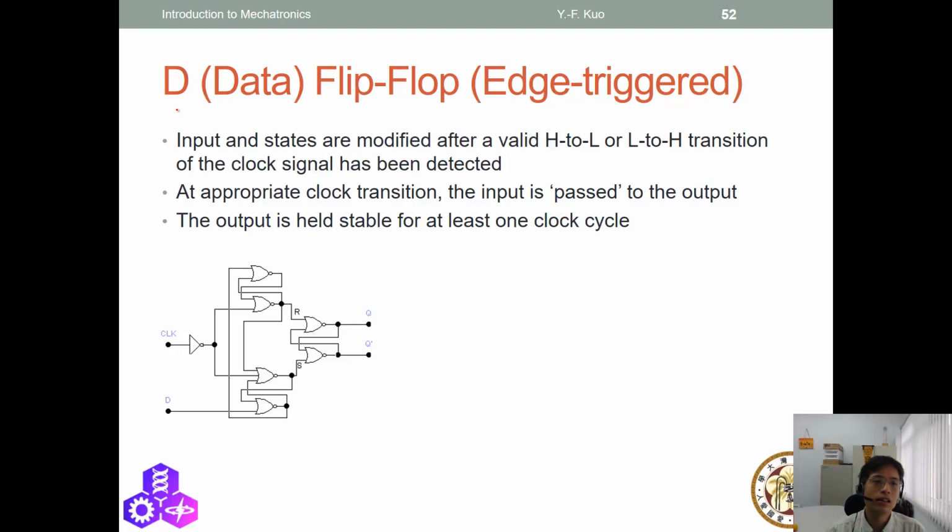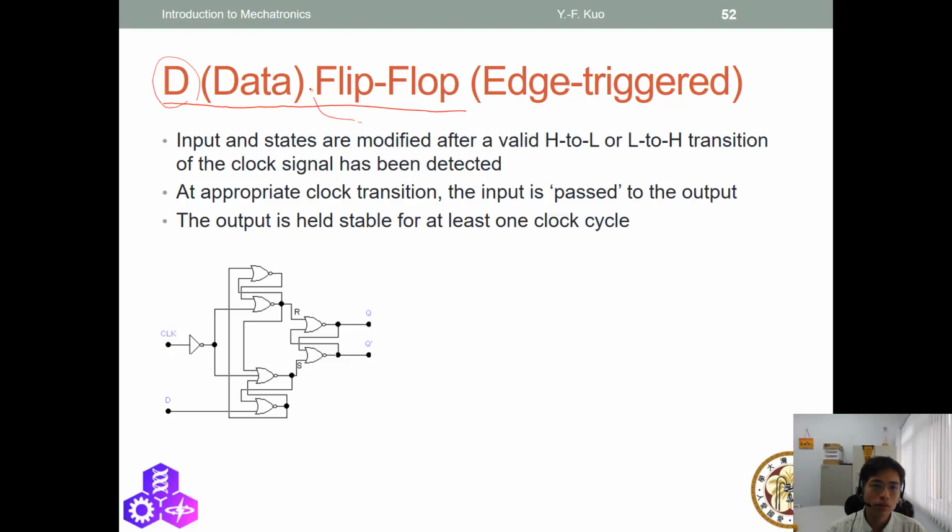And the next device is the D flip-flop. So what is a D flip-flop? Consider this data flip-flop. It is used to store the information of the previous output. So it works like a memory device, or say the data device.